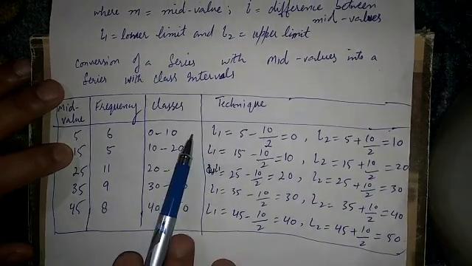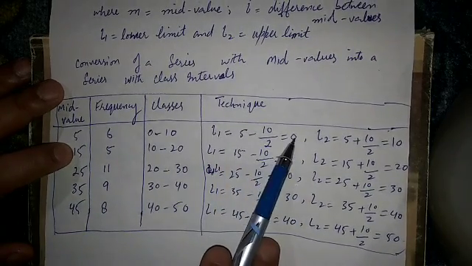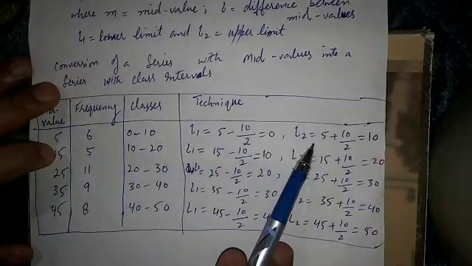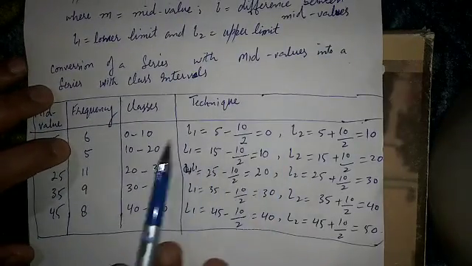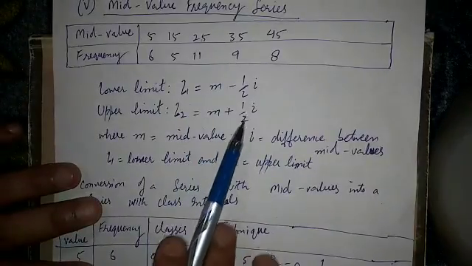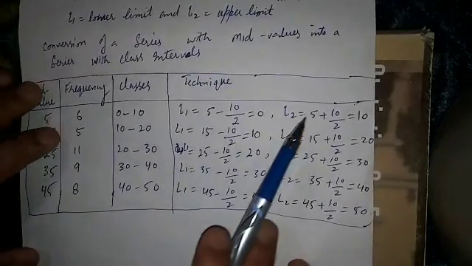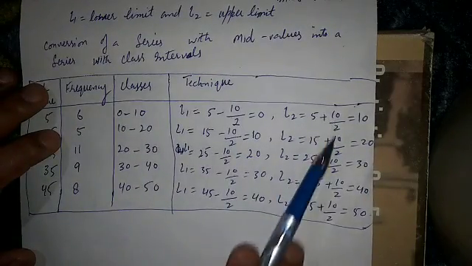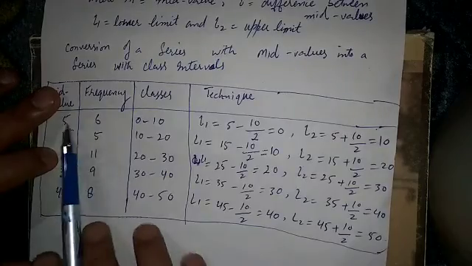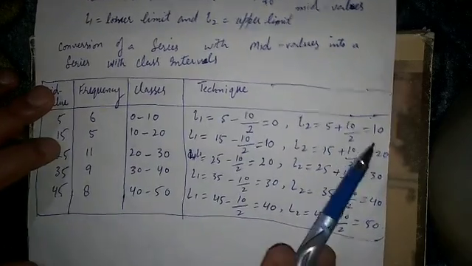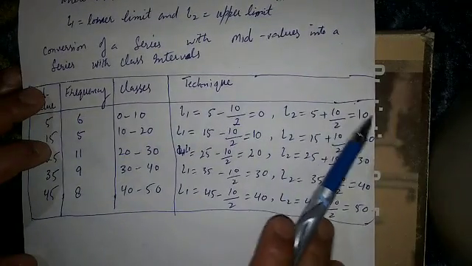So L1 is equal to 5 minus 5, that is 0, and L2 is equal to m plus half of I, 5 plus 5, that is 10.